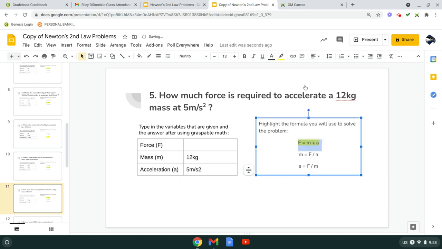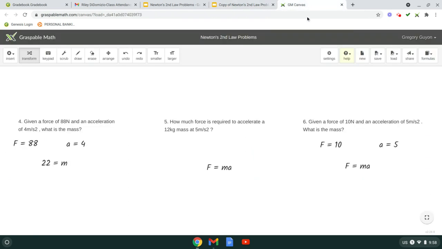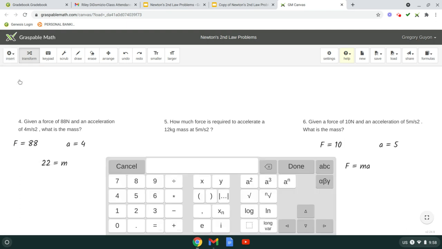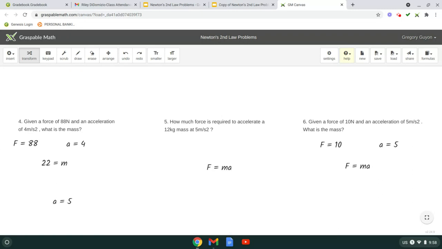Now I use Graspable Math over here, and again I have to plug in my variables. My acceleration was 5, and my mass was 12.